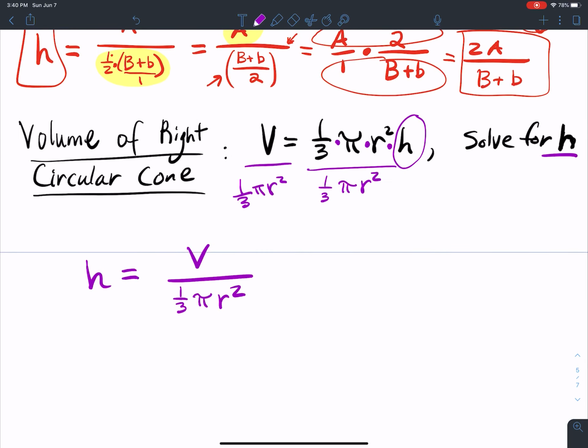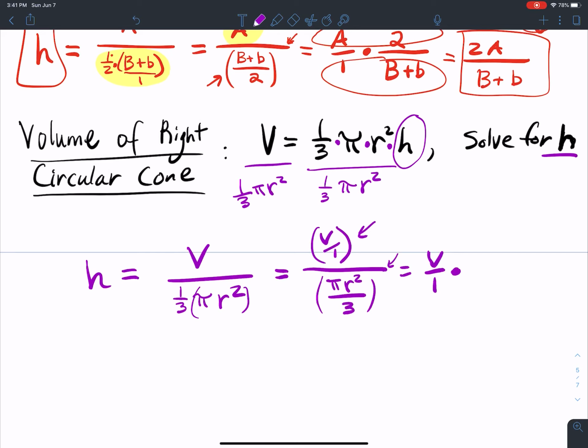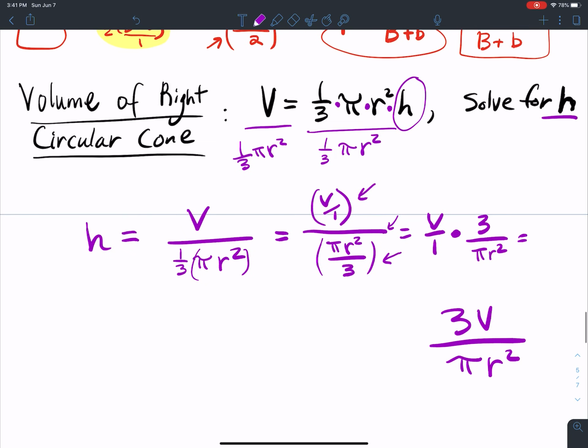V is like V over 1, and in the denominator it's pi r squared divided by 3. So I have a fraction divided by a fraction, and I'm going to KCF it. Keep this the same, change division to multiplication, flip the denominator: 3 over pi r squared. And so I get 3V divided by pi r squared. Okay, so that's how you would work it.